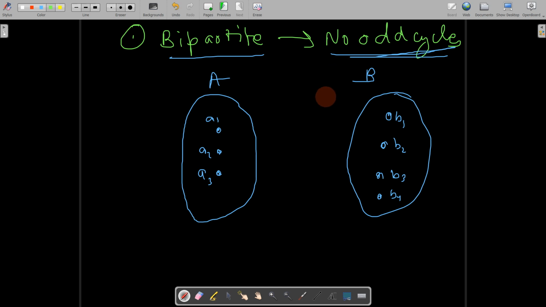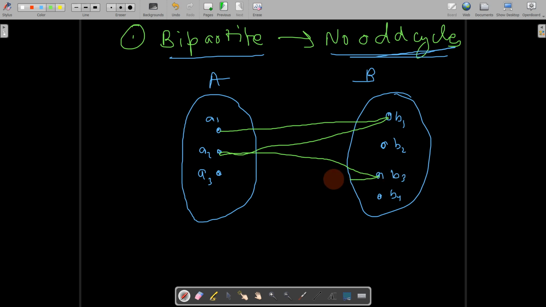We know that in a bipartite graph, within the same set you cannot have edges. So we start from A1 to B1. This is a path of length 1, then a path of length 2, and then a path of length 3. Again I will draw an edge, a path of length 4.